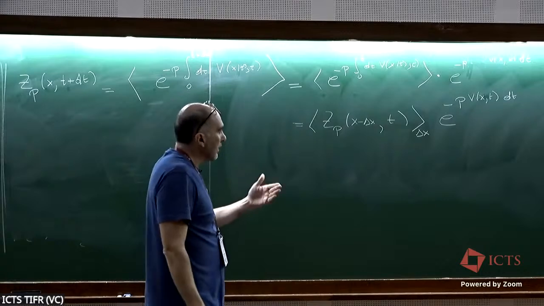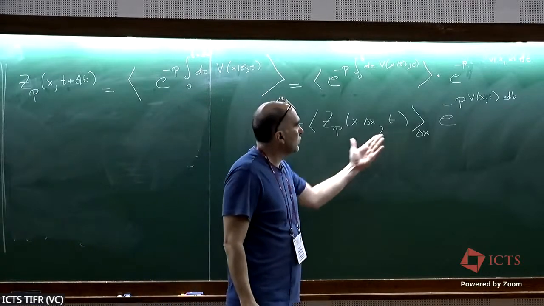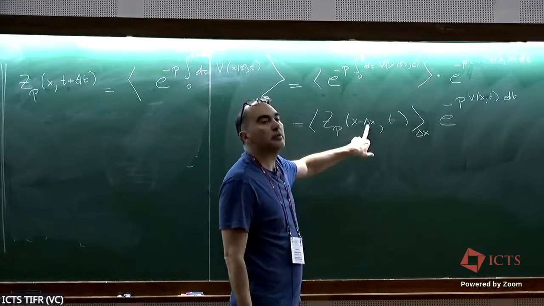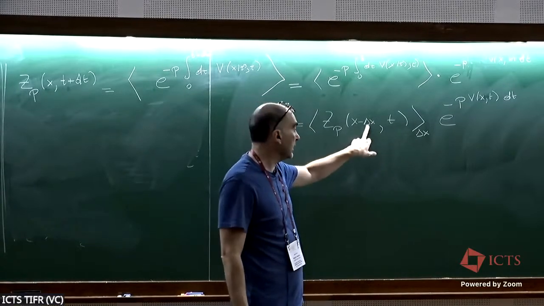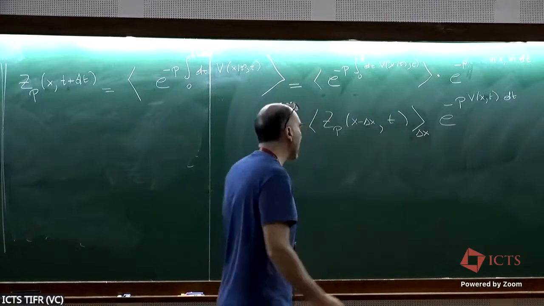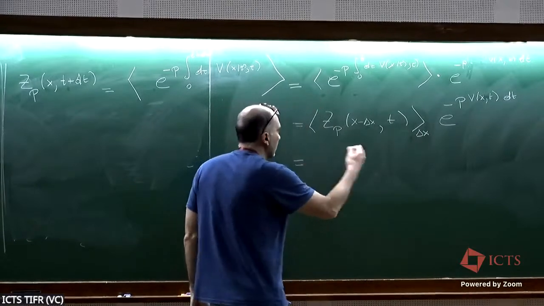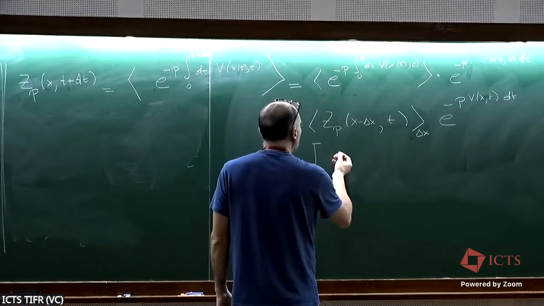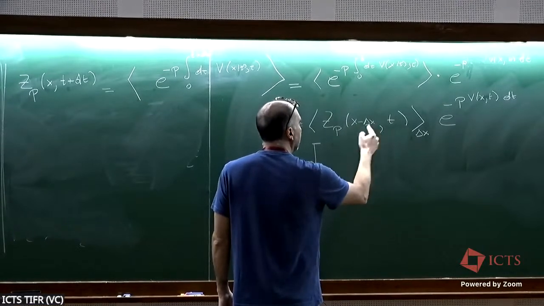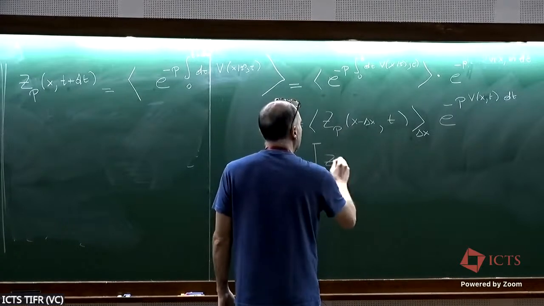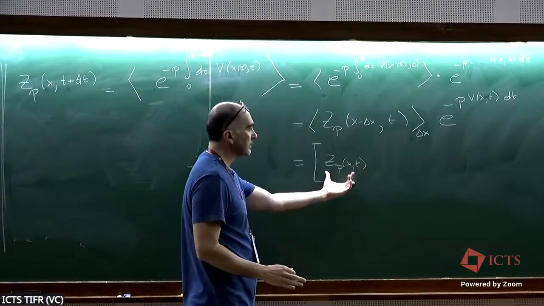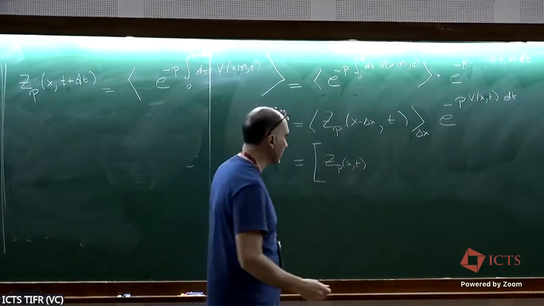Okay, now I'm almost done. The only thing which is random now is delta x, okay? So I have to expand this z in order of delta x. The first term is just z_p(x,t), which is deterministic, so the average is just z_p(x,t).